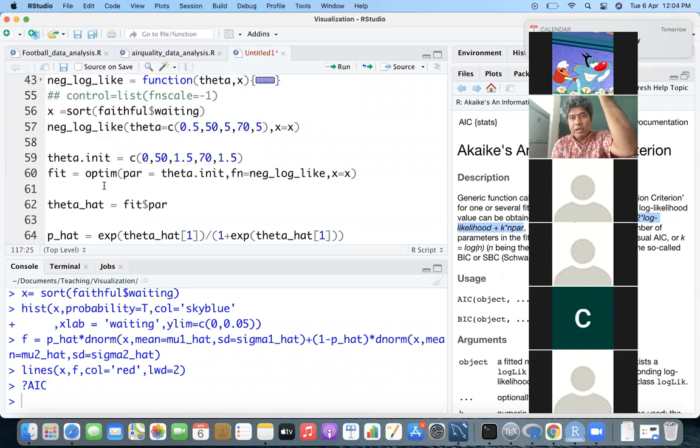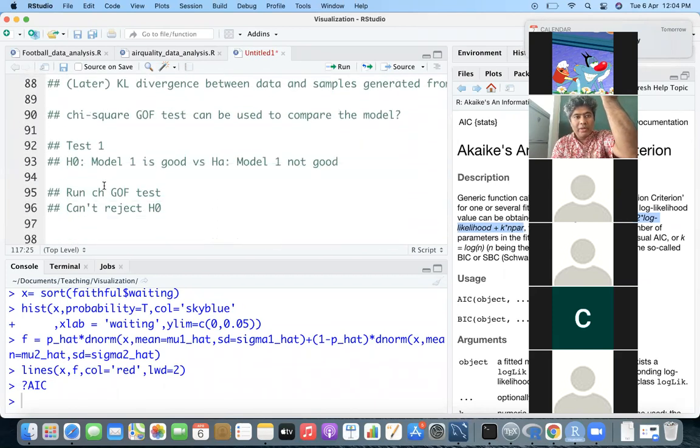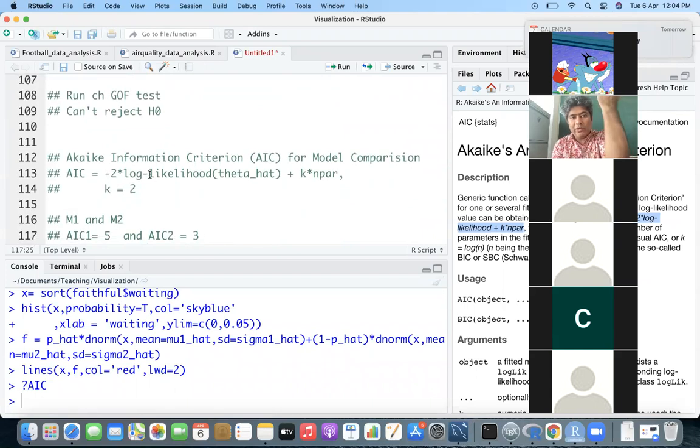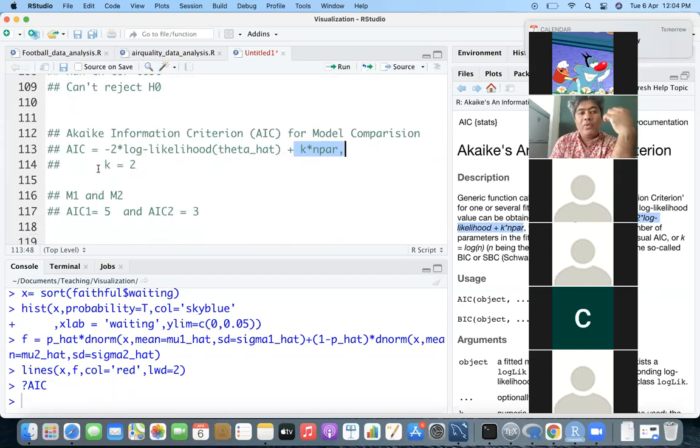That gives me the maximum likelihood. So if you define AIC with the negative log likelihood, multiplied by 2 and with some penalty added, you would like to minimize it. So I would prefer the model which has the lower AIC.